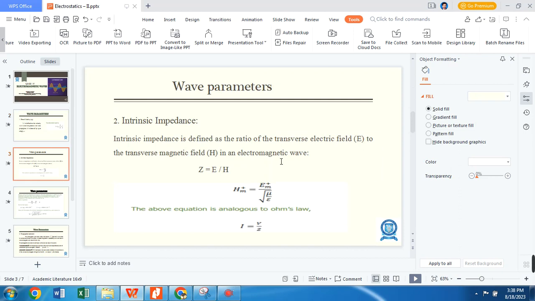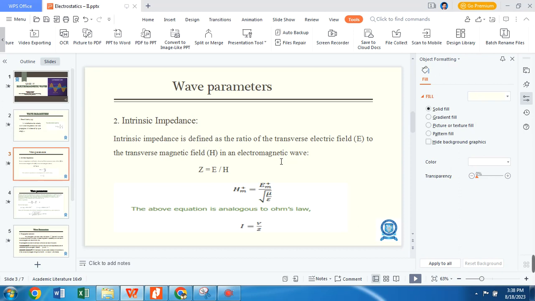Next, intrinsic impedance. Actually, intrinsic impedance is given as the ratio of the transverse electric field E to the transverse magnetic field H in an electromagnetic wave. That is, eta = E/H.